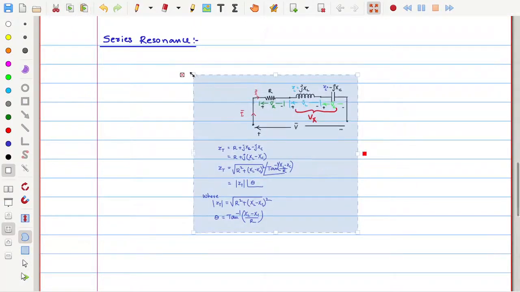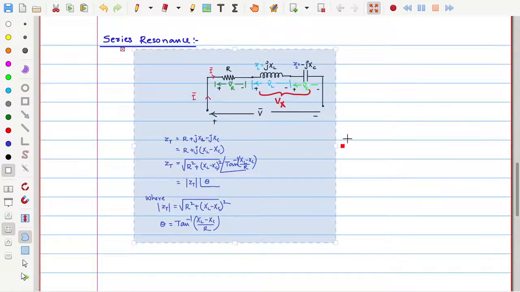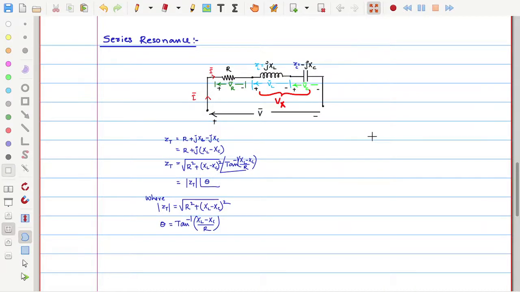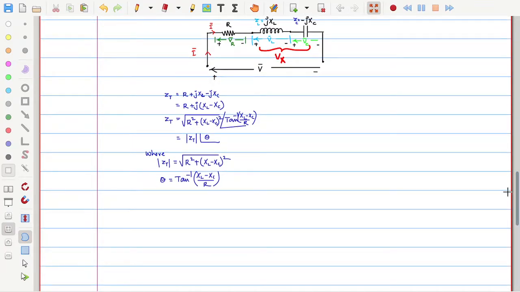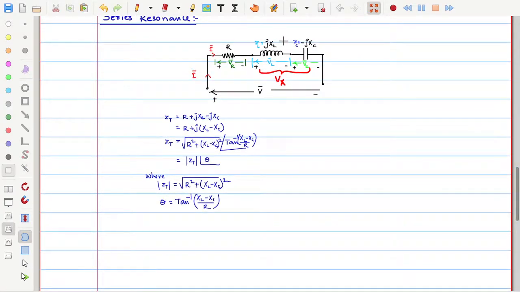Let me take that diagram here and observe some of the important characteristics of its elements. First, in this series RLC circuit, I would like to focus on the reactive elements, which are the inductor and the capacitor.